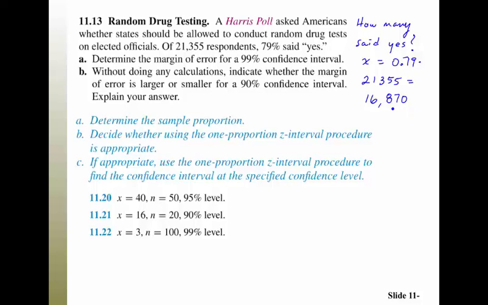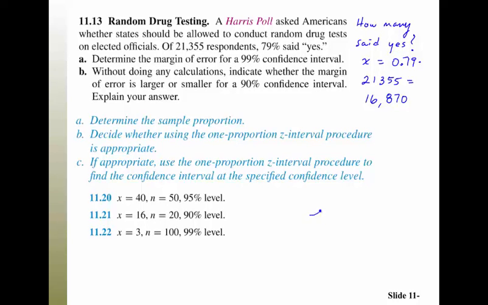This you want 16,870. Okay, so now we want the margin of error for a 99% confidence interval. So we need the sampling distribution, right?